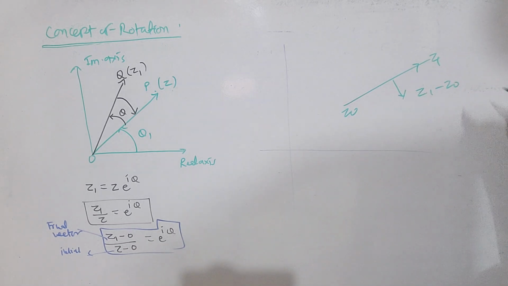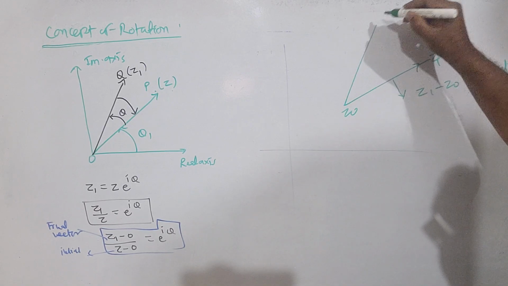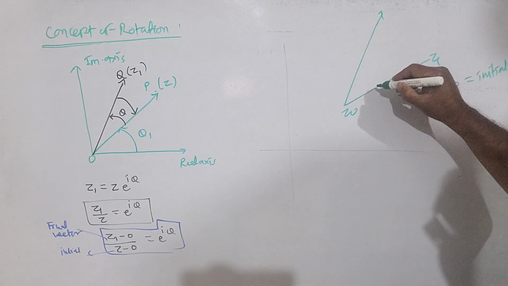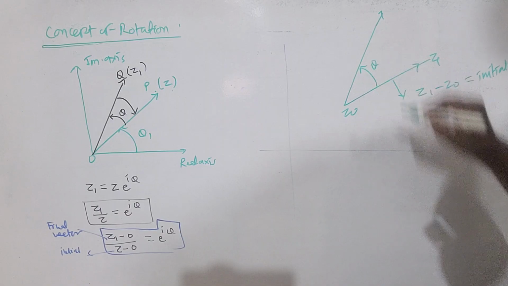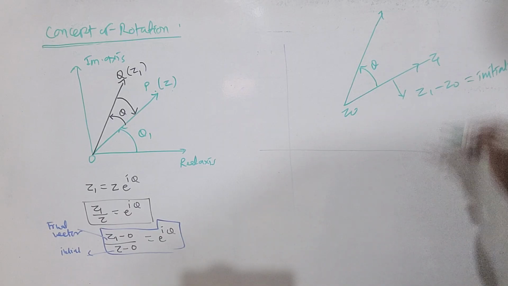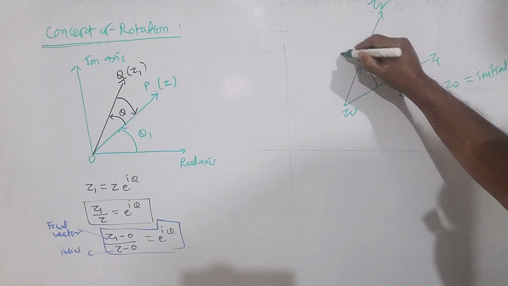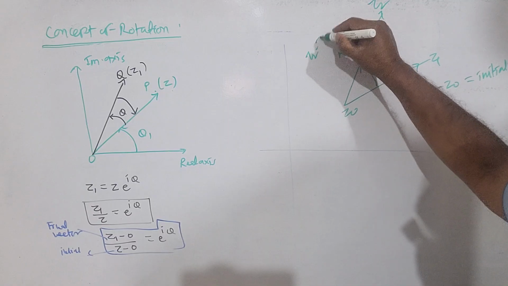This vector is z1 minus z0. This is your initial vector and this is rotated anti-clockwise by theta degree. So this vector is your z2 minus z0.